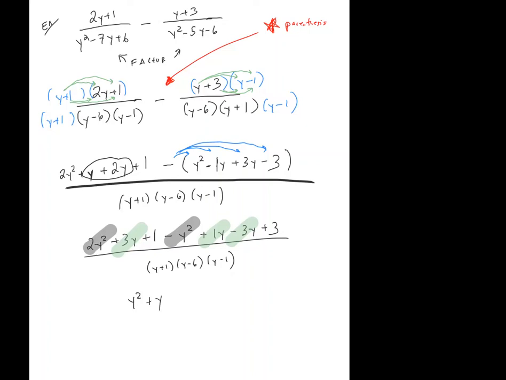Then we have 1 plus 3, which gives us a positive 4, over y plus 1, y minus 6, y minus 1. Can we factor out the top? I don't think we can. Looks like that's our answer right there.